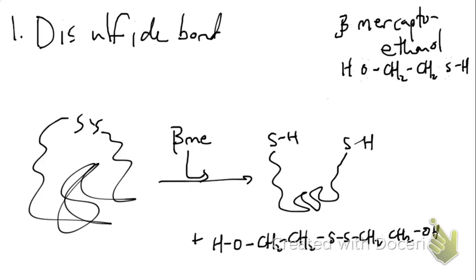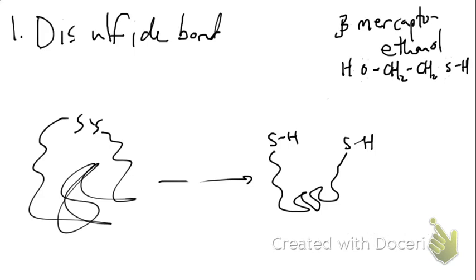Another way we can break a disulfide bond is, let's go ahead and erase this. So that's for the reducing agent. Another way we could do it is we could oxidize it, through an oxidizing agent, something like performic acid.